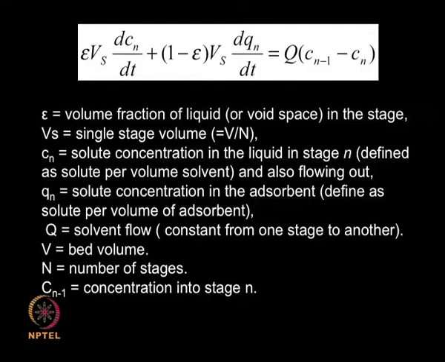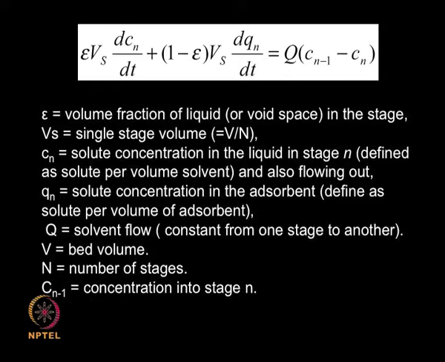Okay. So let us look at a stage n. Whatever is coming in is Q into C(n-1), where C(n-1) is the concentration of the solute entering from the (n-1)th stage. Cn is the concentration of the solute leaving the nth stage.